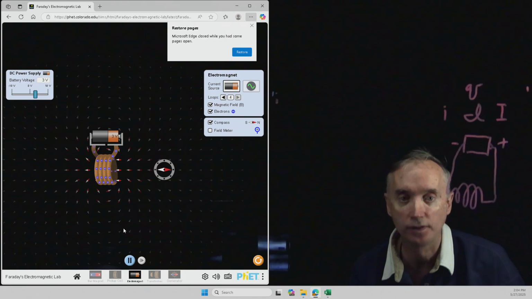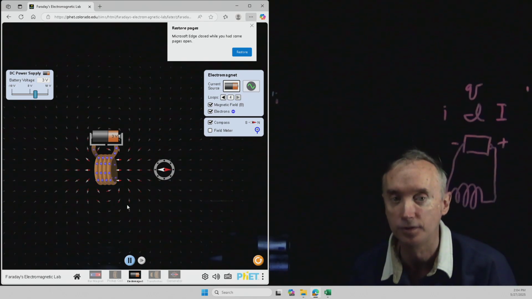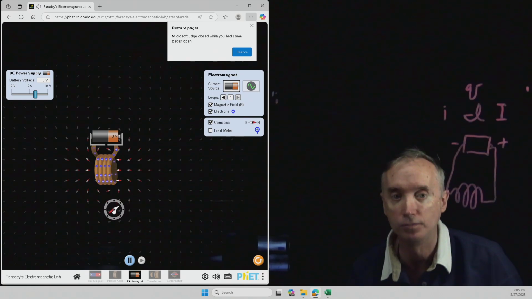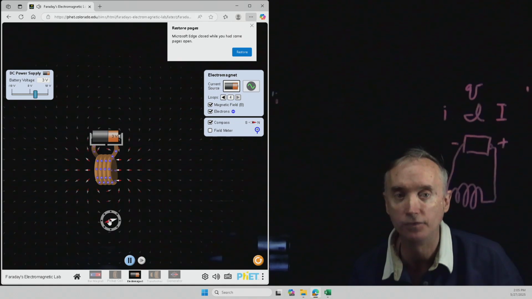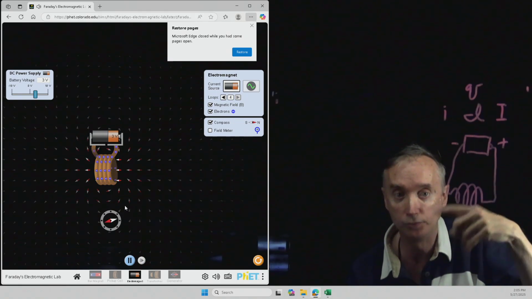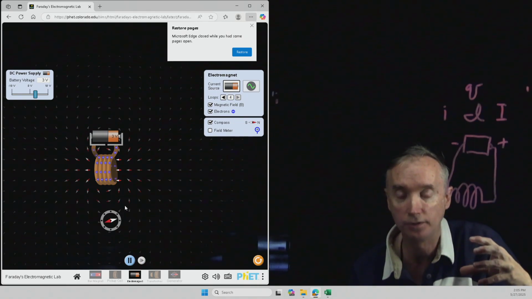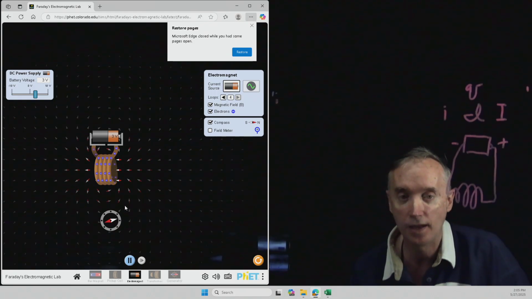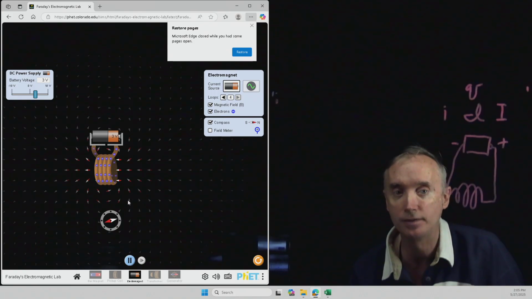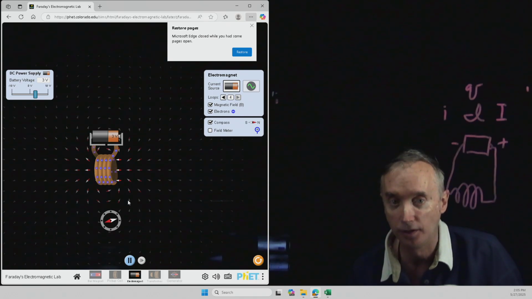Now these little arrows out here, these tiny little compasses, they're pointing in the direction of the magnetic field. And what do you notice? You can take this little compass here and move it around, and you can map out the magnetic field of a loop of current carrying wire, and you should notice it makes a magnetic field that is identical to another thing that makes a magnetic field.